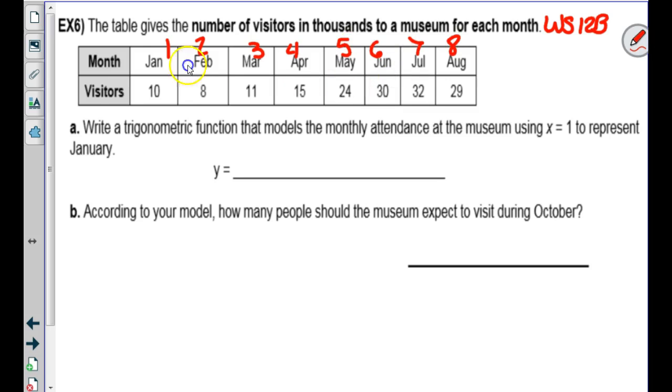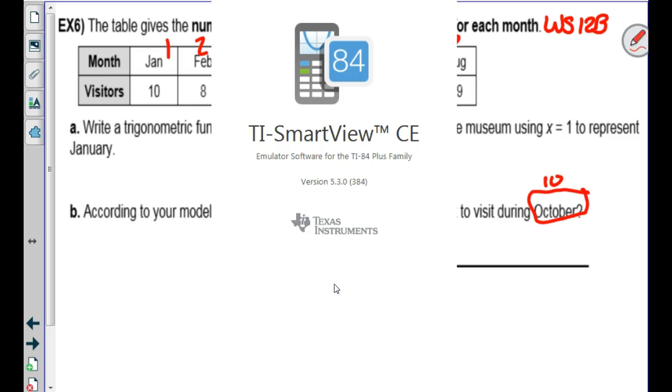They didn't skip any months, but we only have 1 through 8. And then we're supposed to eventually make a prediction about October, which is month 10, right? And we want to put this in, find the sinusoidal regression, and store it so that we can use all those long decimals. All right, can everybody type this in?